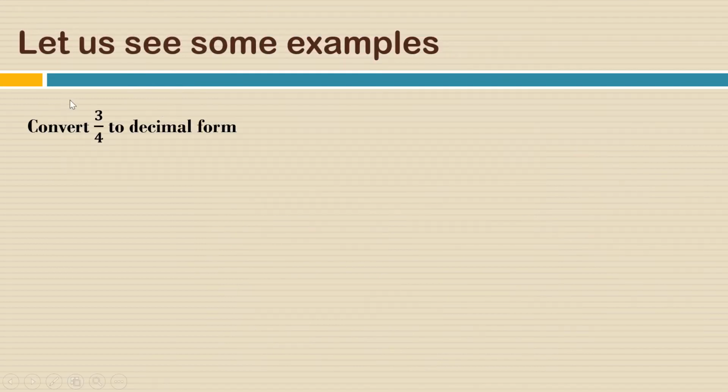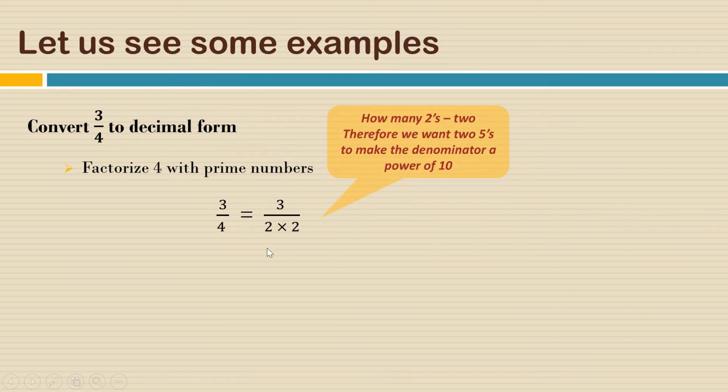Next is 3 by 4. Here also the denominator is 4. Factorize 4 with the prime numbers. 3 by 4 equal to 3 by 2 into 2. How many 2's are there? 2 2's.